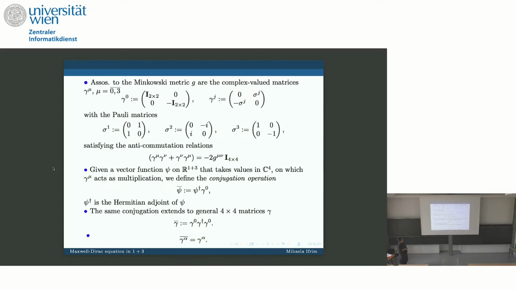You can extend this kind of conjugation to more general matrices, and I'm using abusive notation here, general matrices gamma, not necessarily those ones. When I take the conjugation of a matrix gamma, I also multiply to the left with gamma 0.